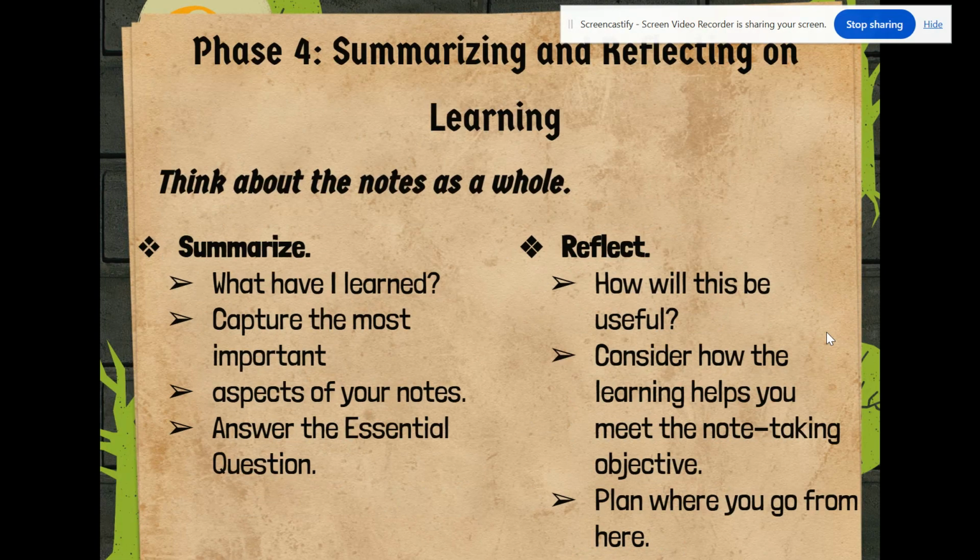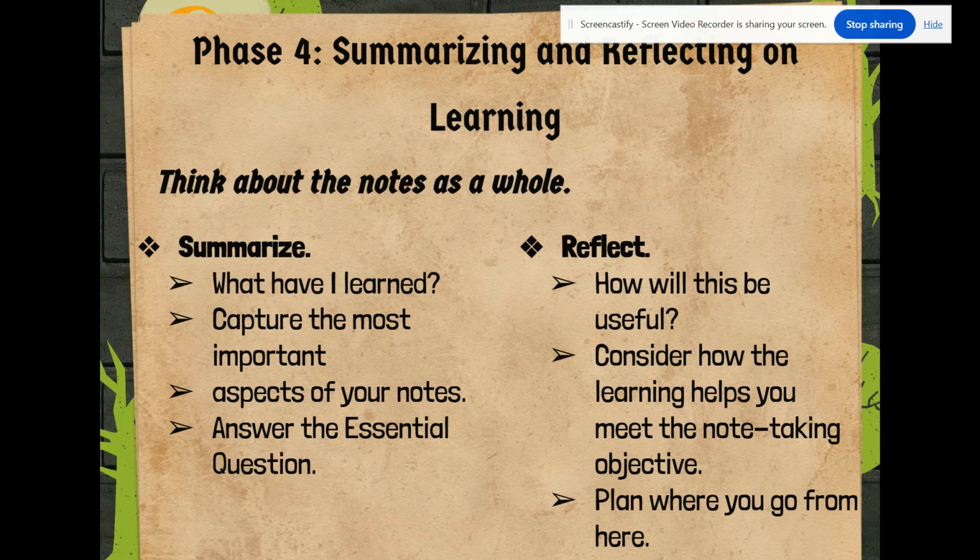Phase 4 is going to be summarizing and reflecting on your learning. So now that you've written your notes, you've gone back and you have processed your notes, you have connected your notes. Now you're going to think about your notes as a whole. What did you learn from all of this? What did you capture from all this? What was the main information that you got?